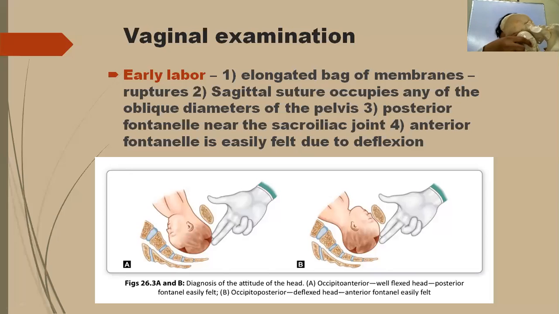When the head is in the oblique diameter, which fontanelle is most easily palpable on pelvic examination? The anterior fontanelle, right? Because the posterior fontanelle is near the sacroiliac joint. So the anterior fontanelle is usually felt in a deflexed head.